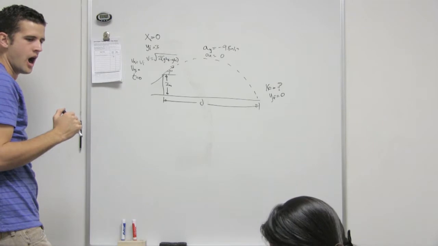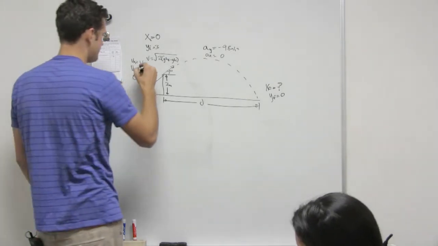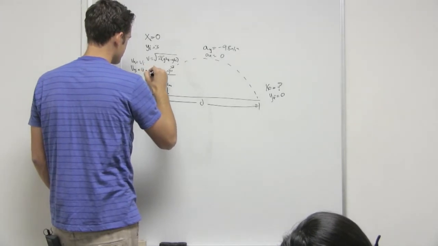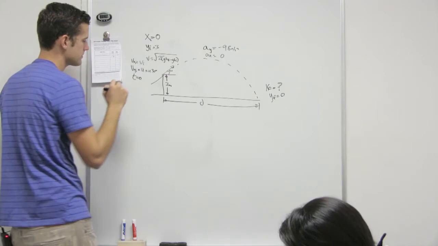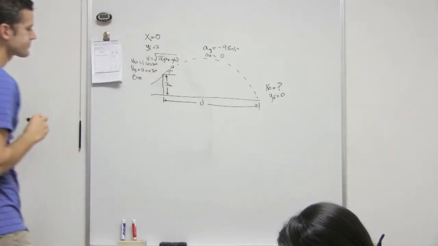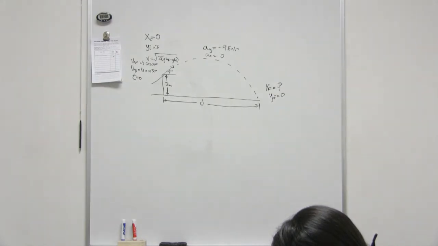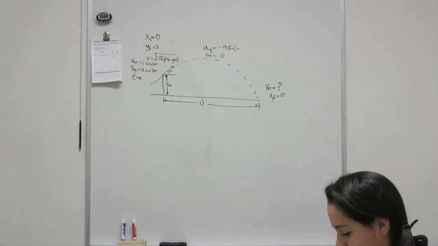So opposite over hypotenuse would be our y, which would be our sine. Oh, okay. So Vy is equal to velocity initial sine of 30 degrees. And Vx is Vi cosine of 30 degrees. Yep. Okay, didn't think about that.